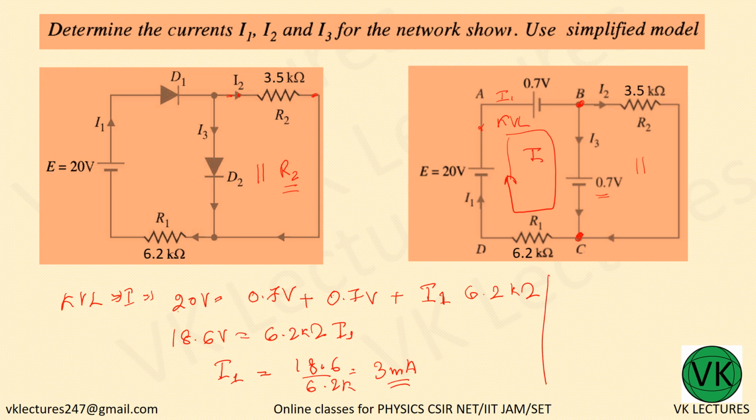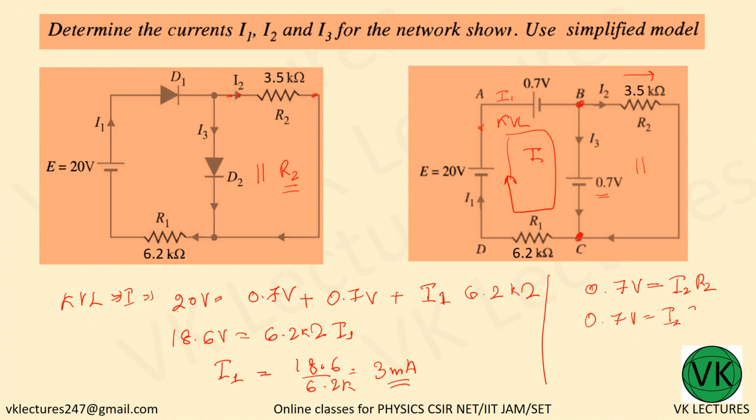In that case, the current should be proportional to the voltage developed across this resistance. That is 0.7 volt is equal to I2 into R2. What is I2? We don't know.